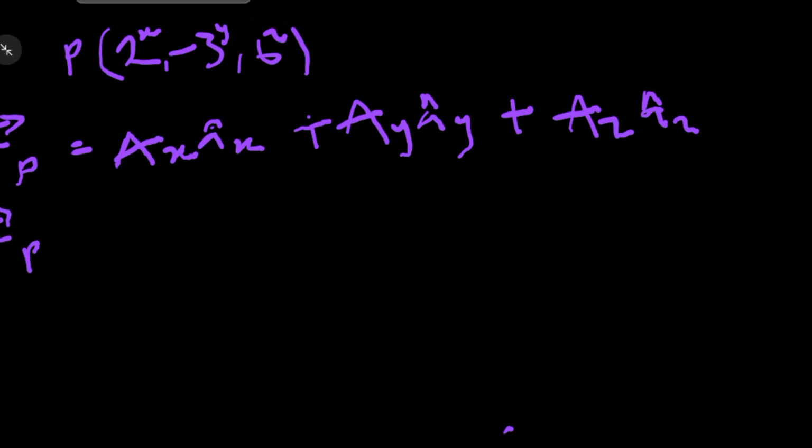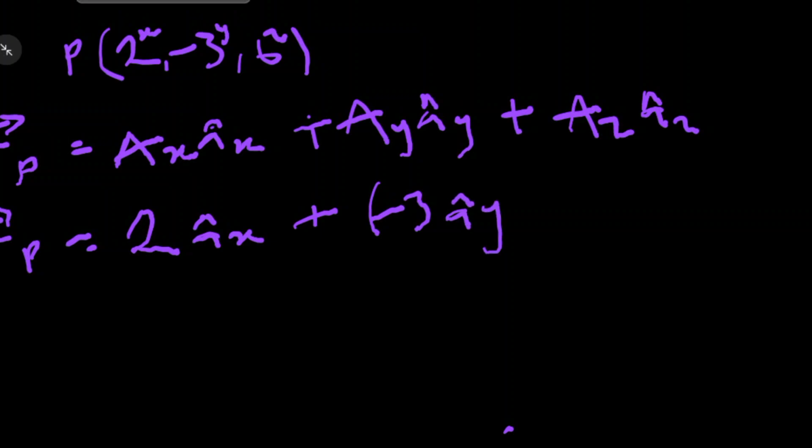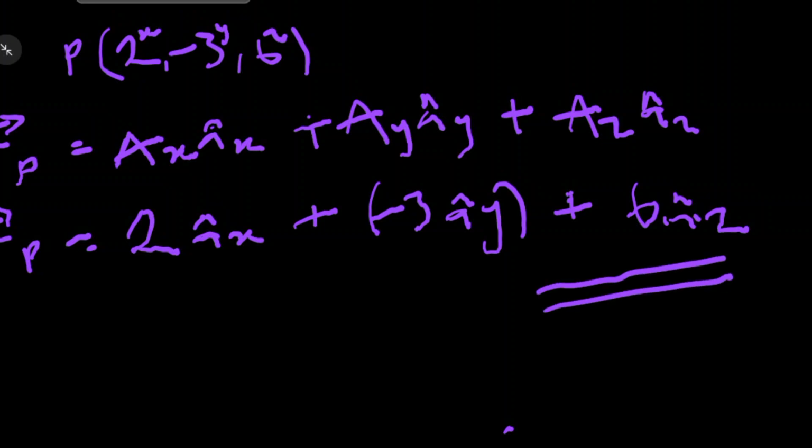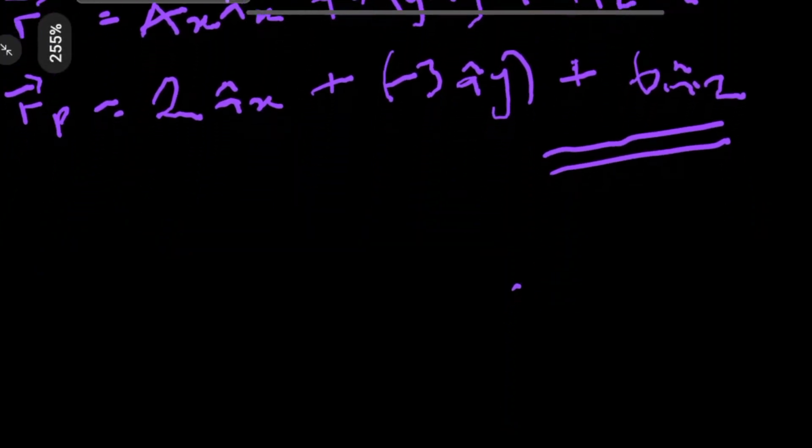So we have AX as 2 times its unit vector, plus we have our AY as negative 3 times its unit vector, plus we have our AZ as 6 times its unit vector. So therefore, this is the answer to our position vector.